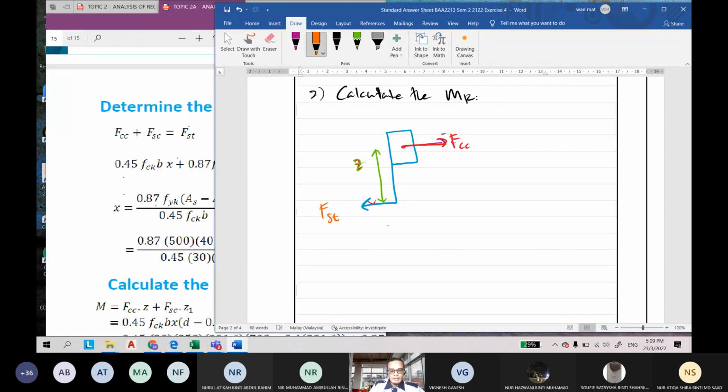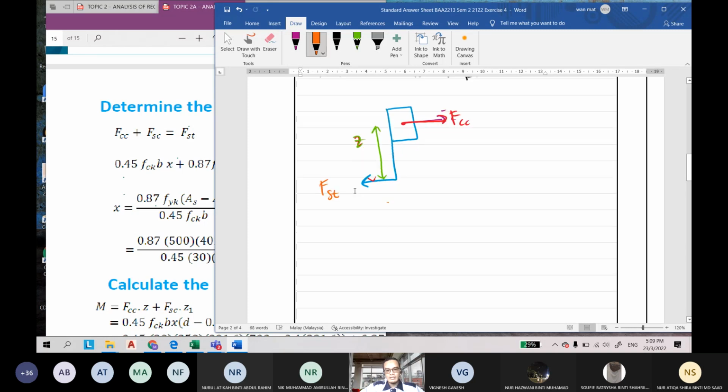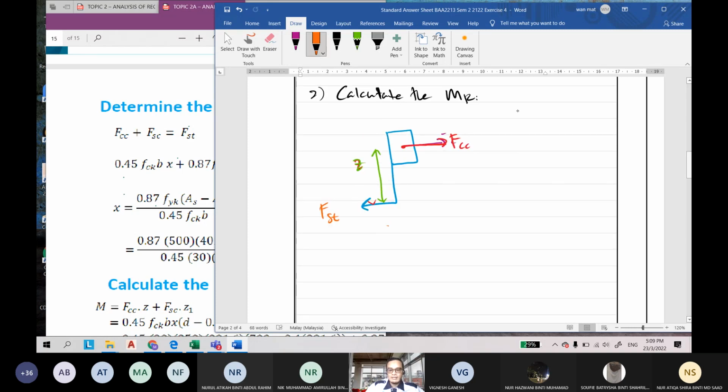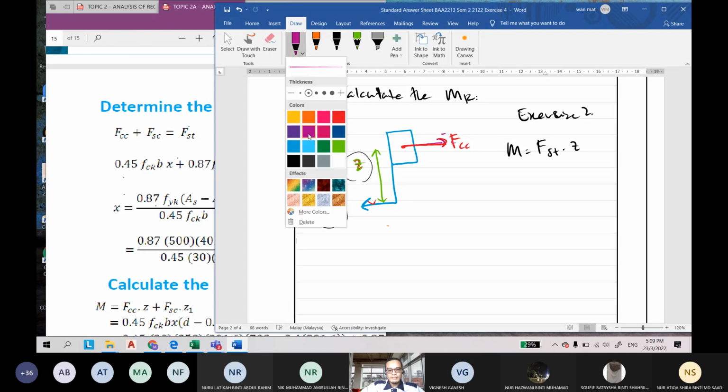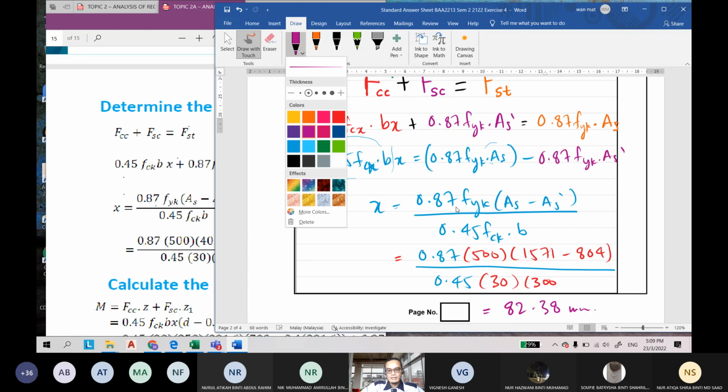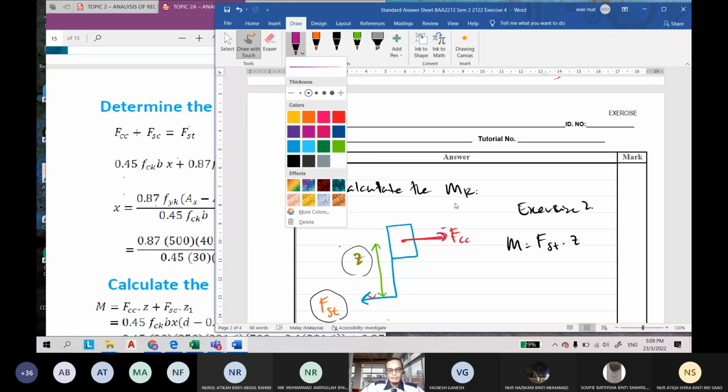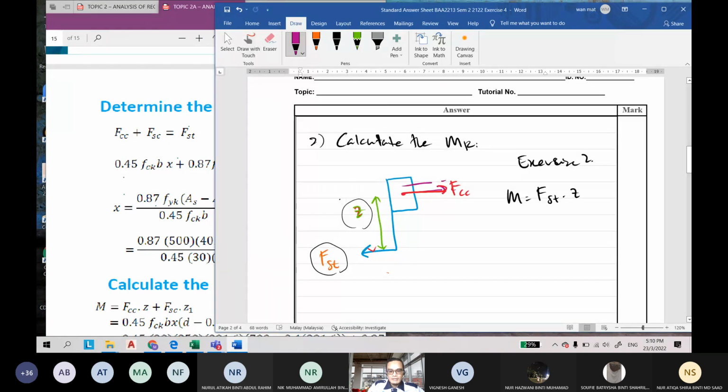This is what we did in exercise 2, if you still remember. M is equal to FST multiplied by Z. However, since we have another one here, we have the FSC.